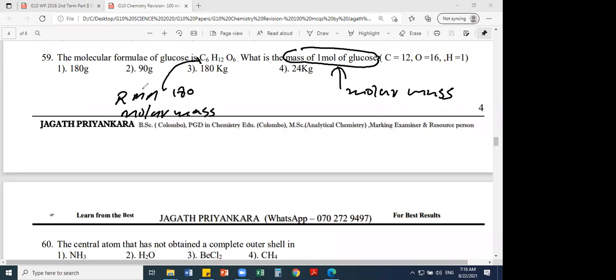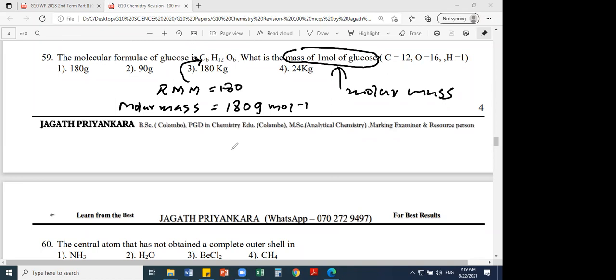Only difference, remember, for a given molecule, relative molecular mass is the same as molar mass, only the unit differs. Relative molecular mass is 180; since it is relative, no unit. But molar mass will be the same numerical value, 180, but with the unit grams per mole.